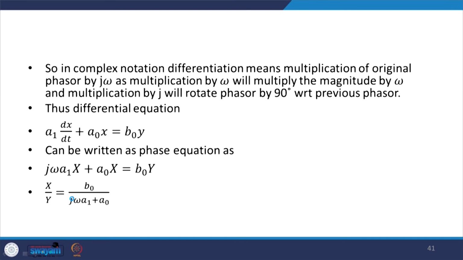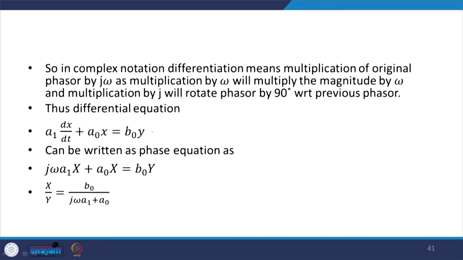So, in complex notation, differentiation means basically the multiplication of the original phasor by j omega. Multiplication by omega will multiply the magnitude by omega, and multiplication by j will rotate the phasor by 90 degrees with respect to the previous phasor.